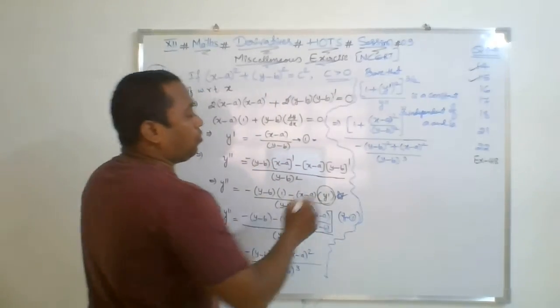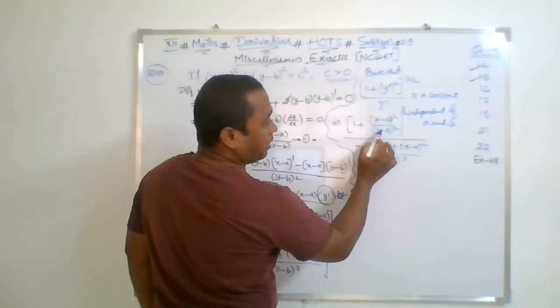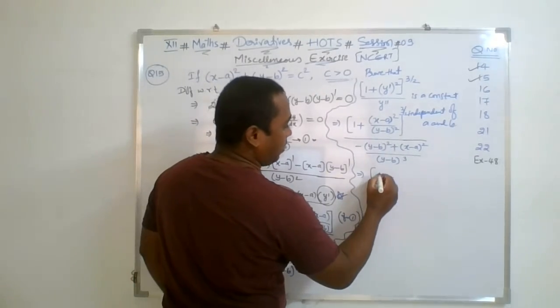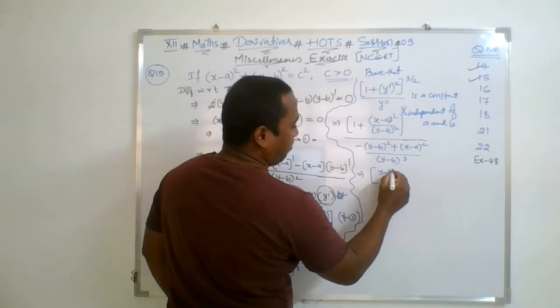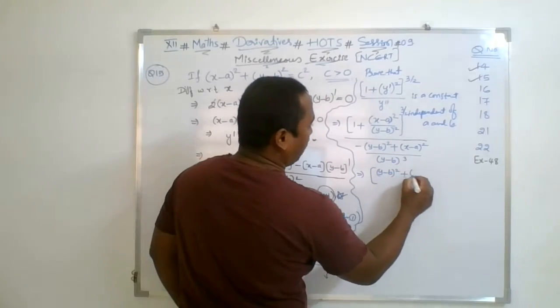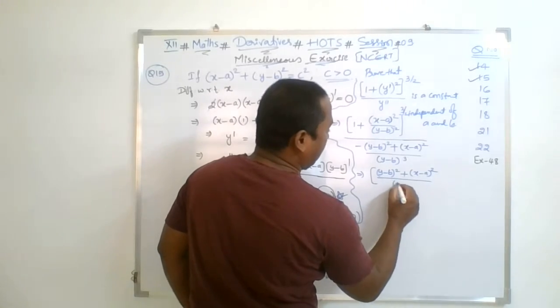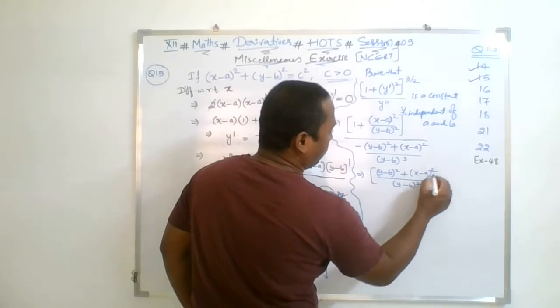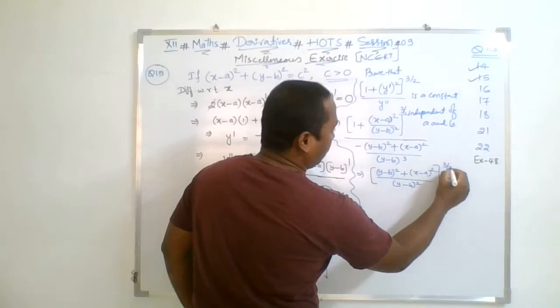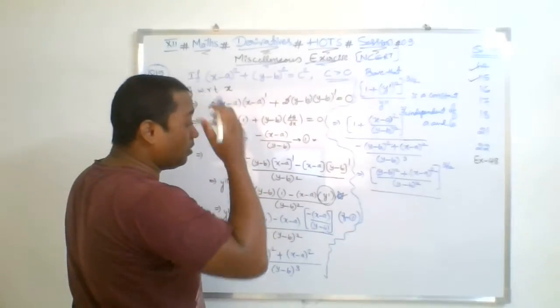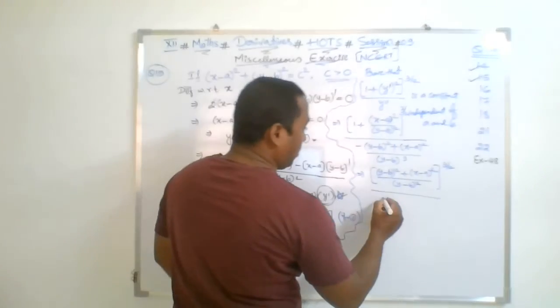Correct? So if you take the LCM in the numerator part, it becomes (y minus b) the whole square plus (x minus a) the whole square upon (y minus b) the whole square, and whole to the power of 3 by 2 upon, this is what we have here.